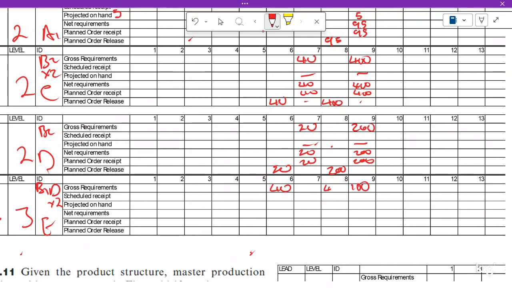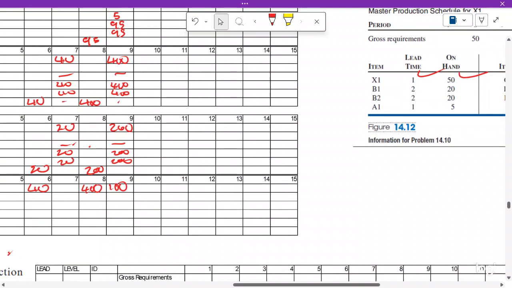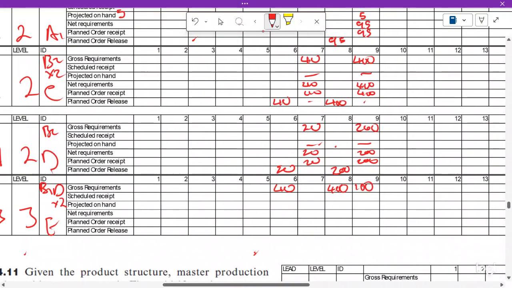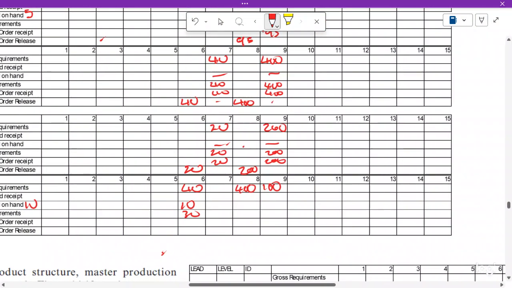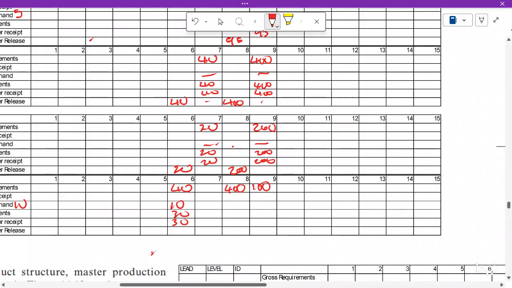40 and 400. What do we have on hand? 10. 10 becomes 30. The lead time is 3 weeks. Then 400, nothing on hand.